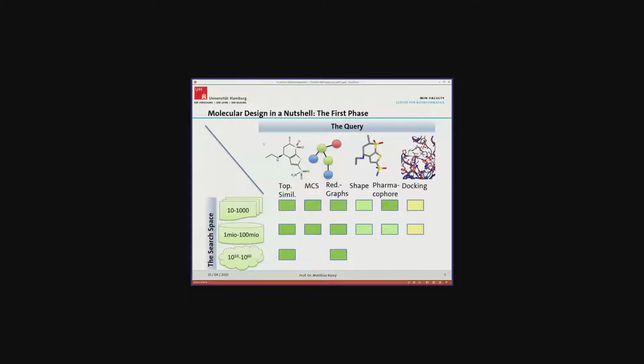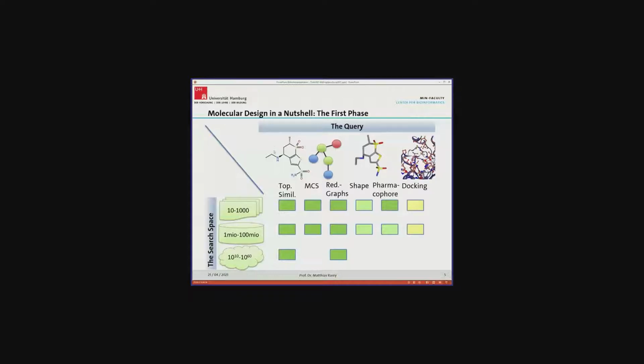So if we are in the early phase of molecular design, you basically have the search space where you either look at just a few thousand molecules, you have screening libraries in the millions, and you have the chemical space, which can go up very, very high. And then you have the kind of search queries.